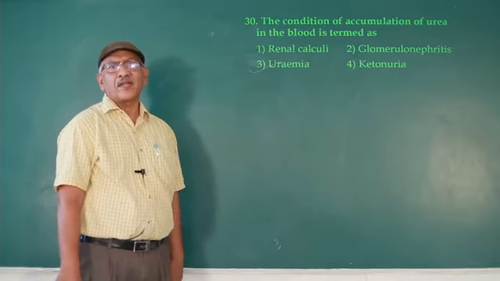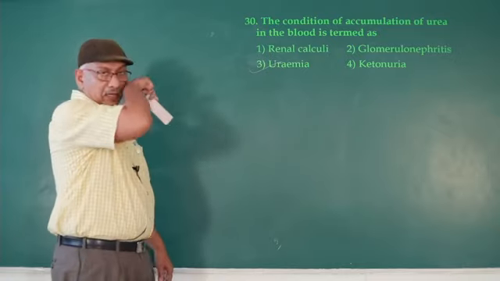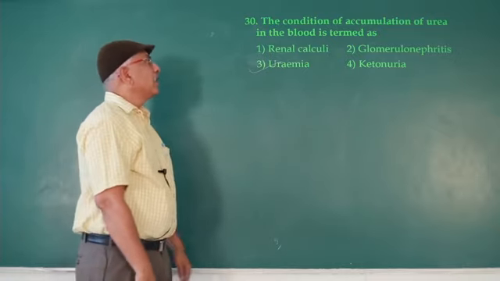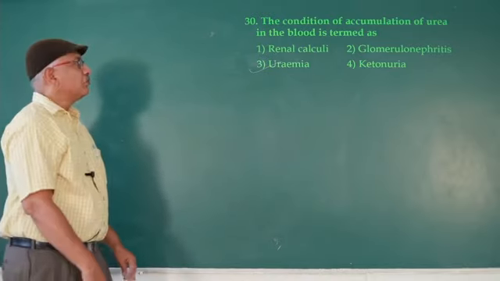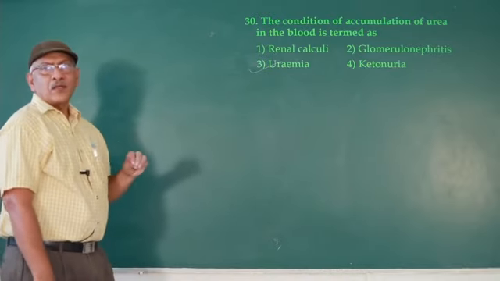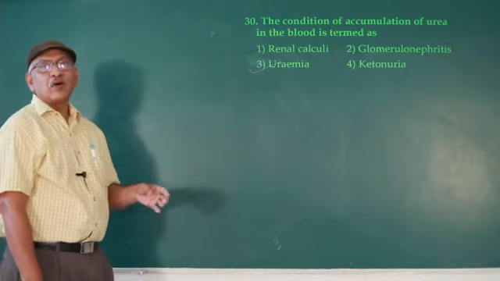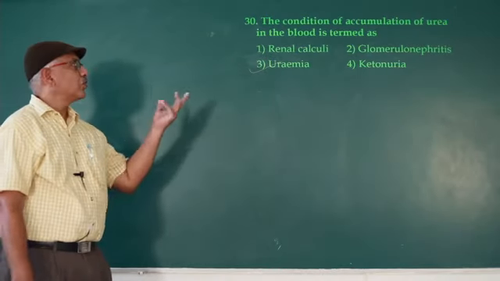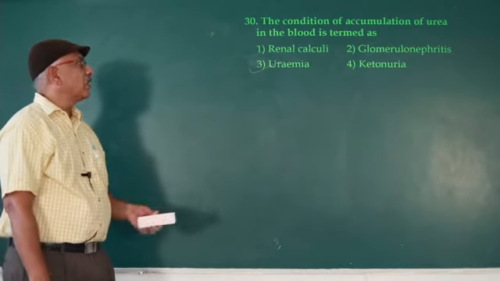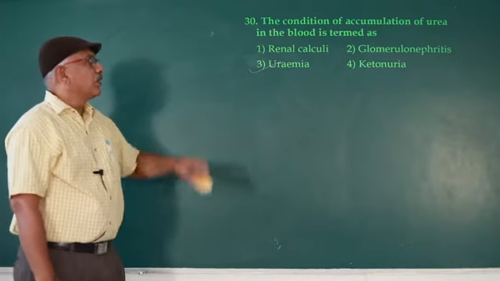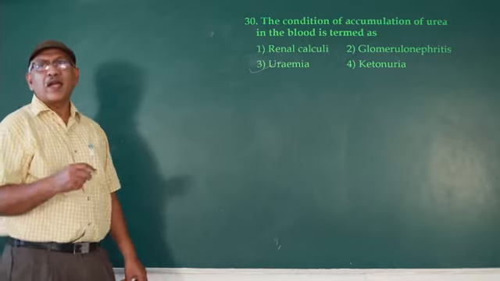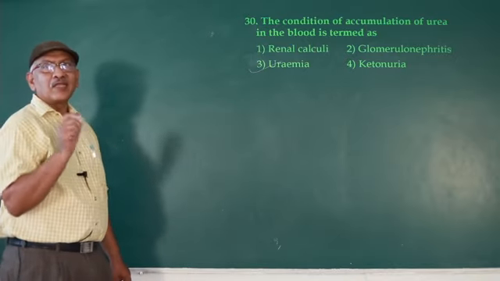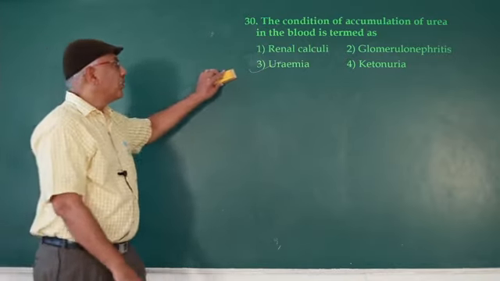Protozoa, viruses, bacteria cause glomerulonephritis. Renal calculi means kidney stones. Some substances converted into crystalline form, that is kidney stones. Ketonuria: during fasting, our body utilizes fat. At that time, ketones are seen in urine. Ketonuria.